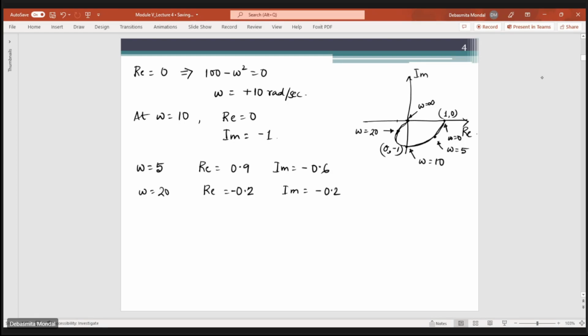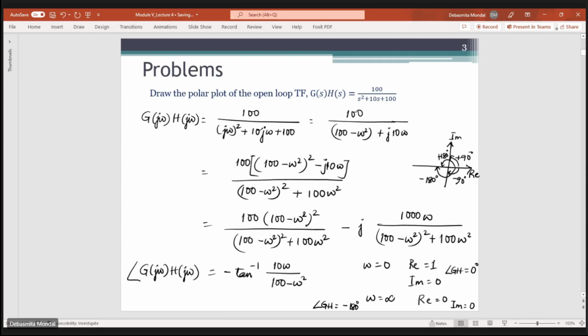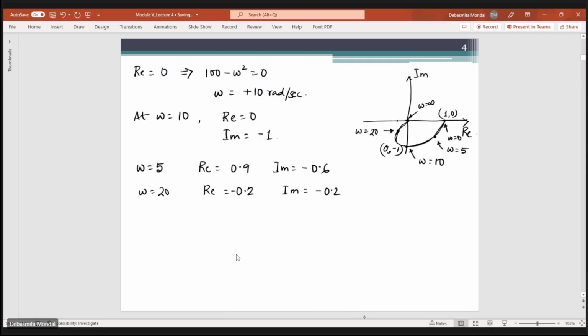Here you see that, if you remember, at omega equals infinity the phase angle was minus 180 degree, right? So minus 180 degree means this part. The polar plot will follow this minus 180 degree axis and end at omega equals infinity. Why is this phase angle important?